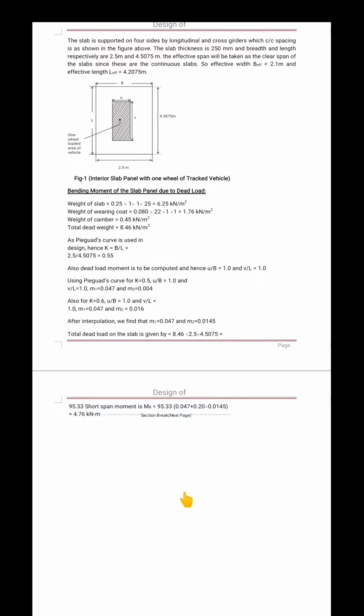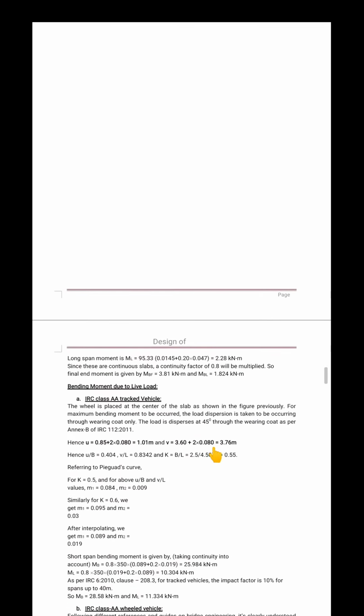and to calculate the moments we are having the formula, that is load W into m1 plus m2 into alpha. Okay, so here 0.047 plus 0.2 into the 0.0145. How much we got? Short span moment mb equal to 4.76.